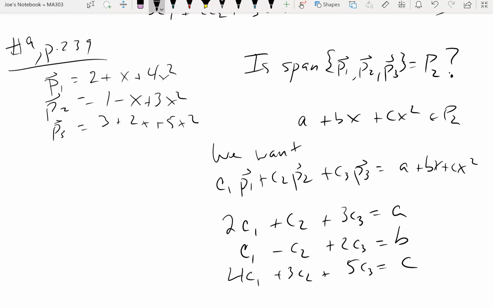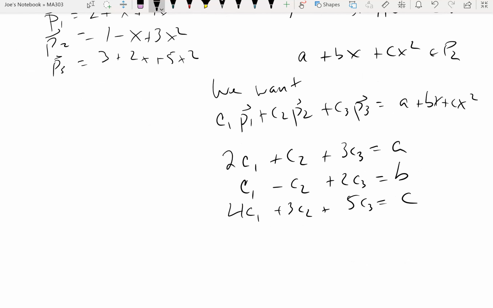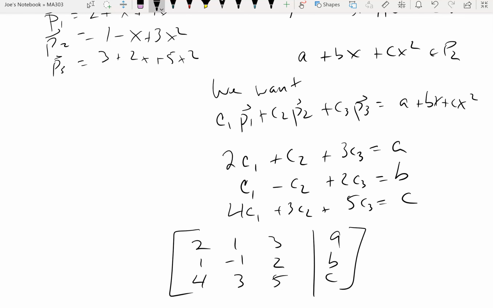Okay. So when we set up the system, or set up the matrix again, when we're interested in row reducing, I want to know, can I always solve this? So am I really interested in what's on the right-hand side of the equality? Or do I just want to know that I can always solve this? Do I get a pivot in every row?